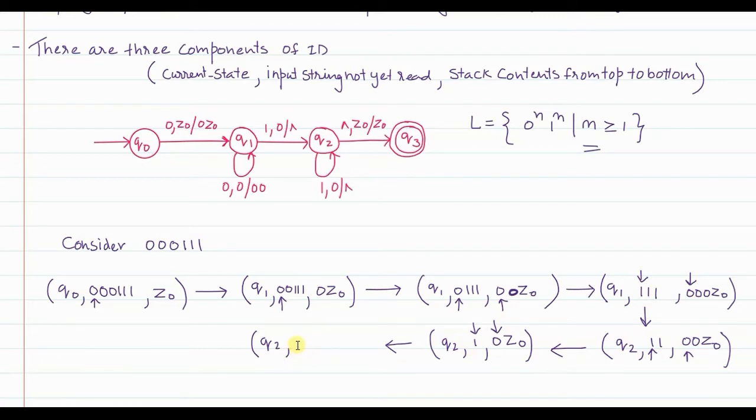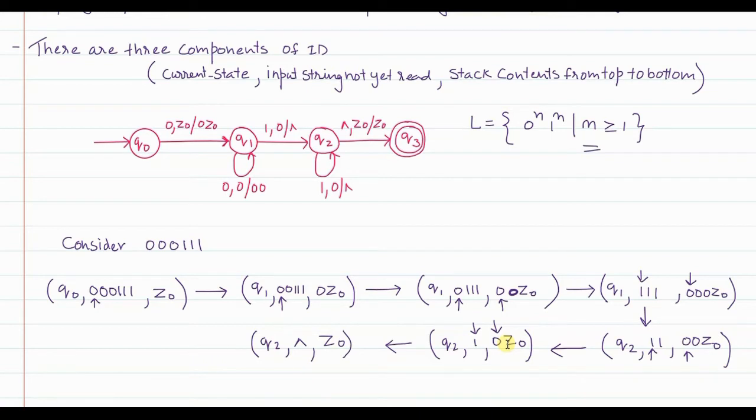When there is nothing else remaining to be read, what is read? Null. That means this null symbolizes that the string is already read. There is nothing else remaining to be read. Also, after cancelling out this 0 with this 1 in the previous transition, the stack would also be empty. So what will be there in the stack will be Z0 only.